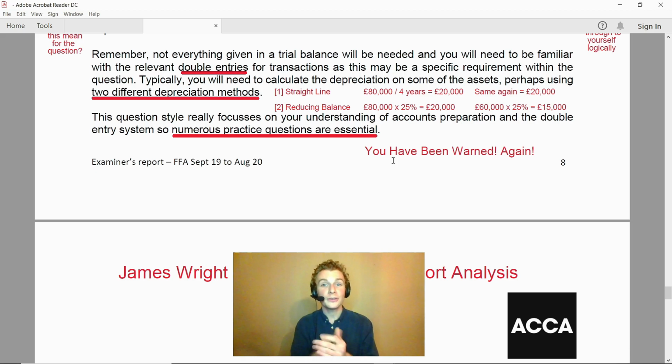We then have to reduce it by the same percentage, but look, it goes down by 15,000. So you can see now how that same asset, if they'd used the straight line method, would only have been worth 40,000. But if we use the reducing balance method, we've got £35,000 worth of depreciation as a result on there, and it's worth 45,000. So different values as a result.